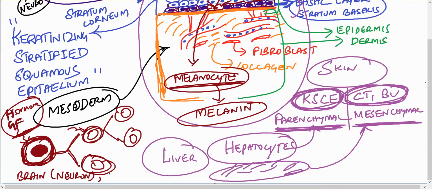Another example, cardiac muscle cells, heart muscle cells. Okay, so these are the cells which cannot divide. There are some cells that regularly divide. Example, skin cells, they regularly divide.